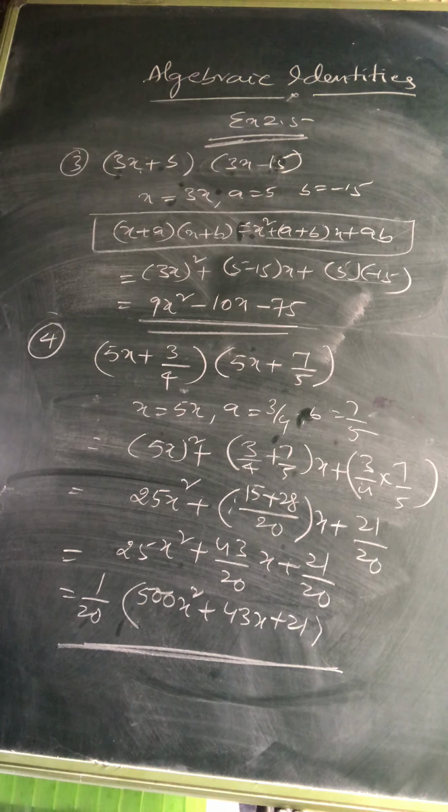What is that formula? (x + a)(x + b) = x² + (a + b)x + ab. These problems all depend only on that formula. In the next class we are going to learn some other formulae and the problems which depend upon them.